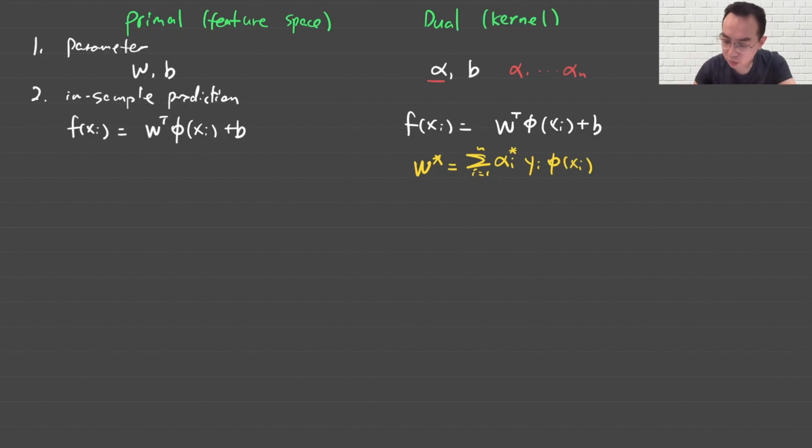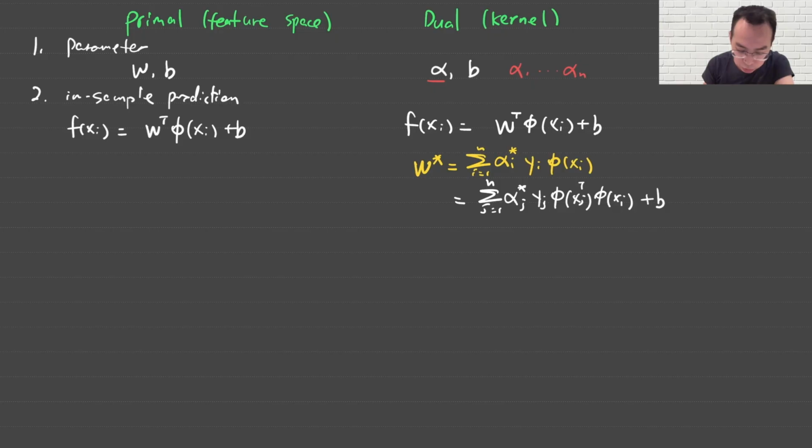This is the equation we're going to use to plug in for our weight vector W. Let me change the subscript to j, so we have the summation of j from 1 to n, alpha j star yj, and then phi xj transpose phi xi plus b.